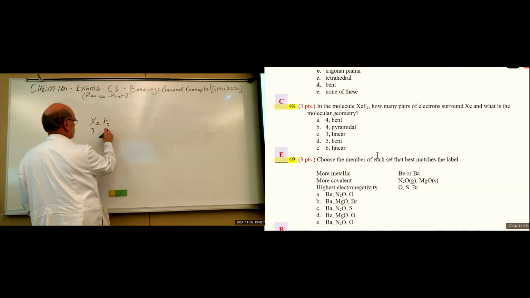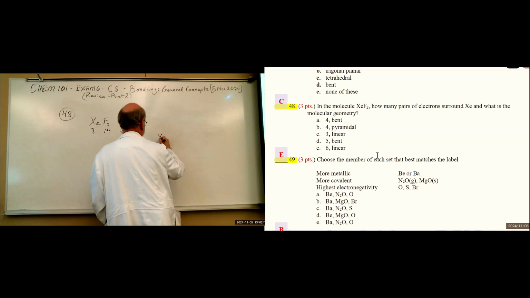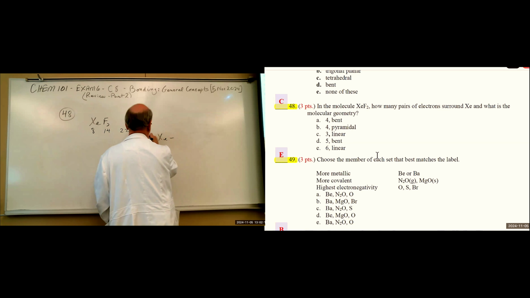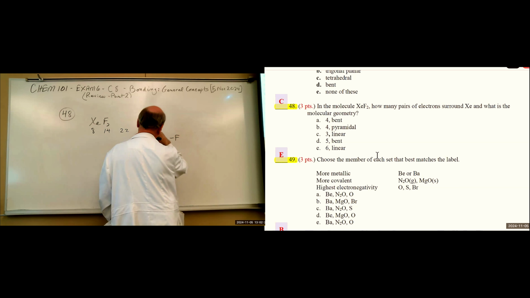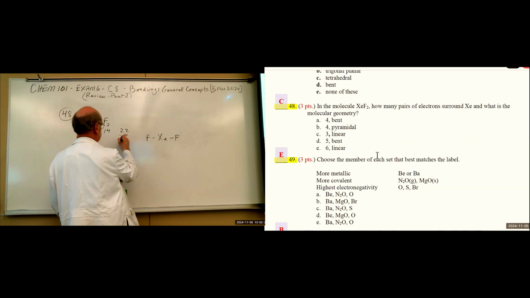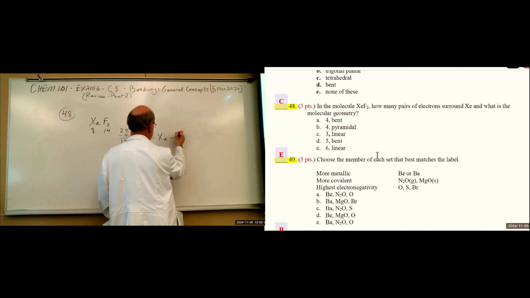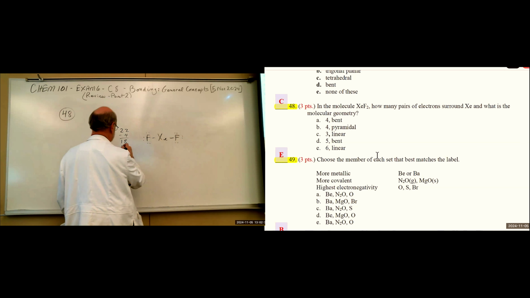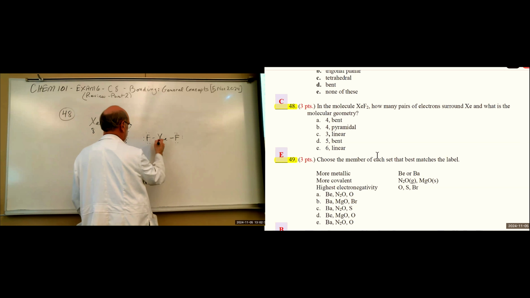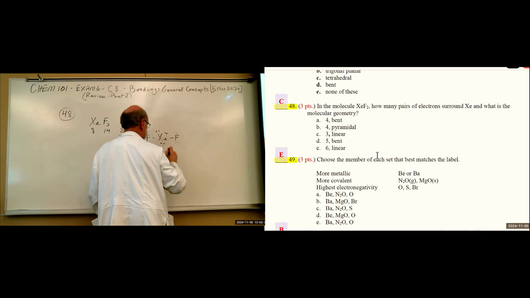That's 8 and 14 is 22. Xenon, you're here. And let's see, that's 18, 2, 4, 6, 8, 10, 12. Got 6 left over. 2, 4, 6.